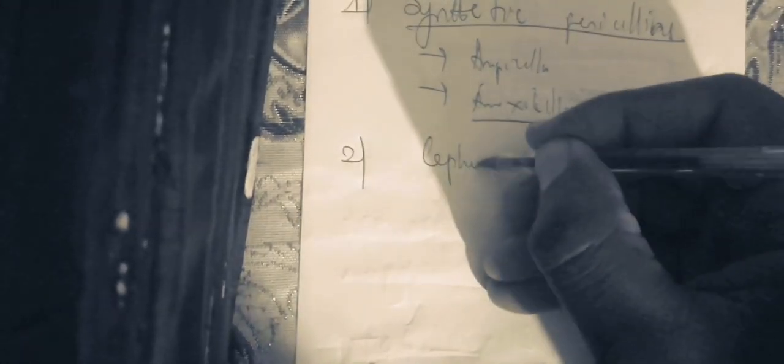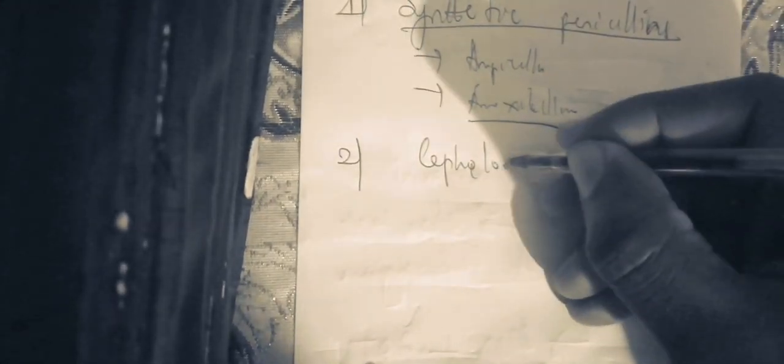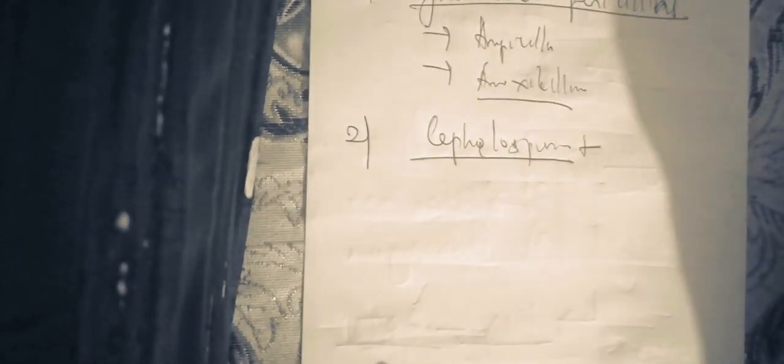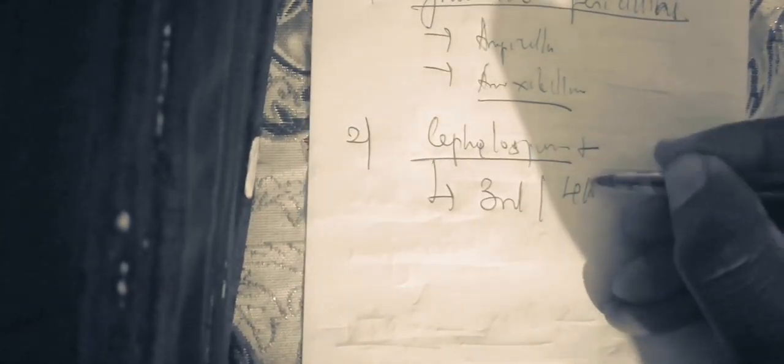The second broad spectrum antibiotics we have are the cephalosporins. Particular cephalosporins are broad spectrum. We have the case of third generation and fourth generation cephalosporins, which are more broad spectrum, and they can kill a wide array of microorganisms.